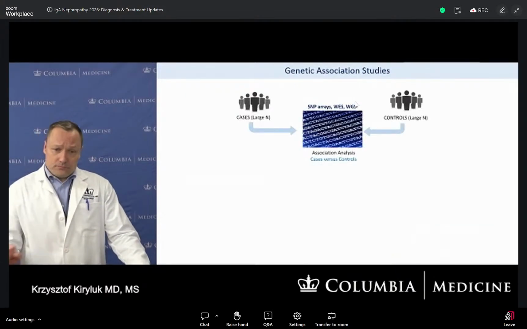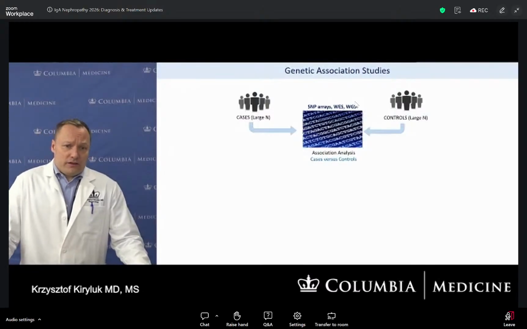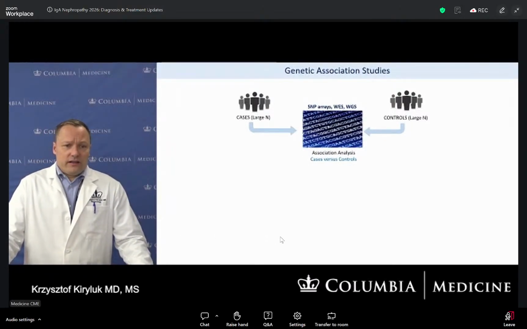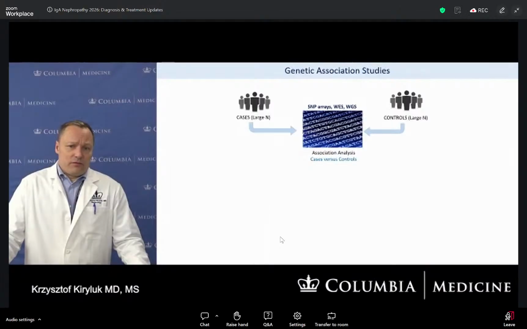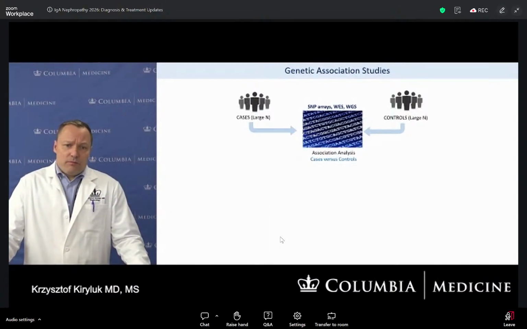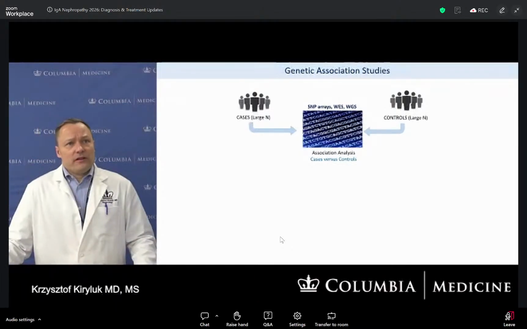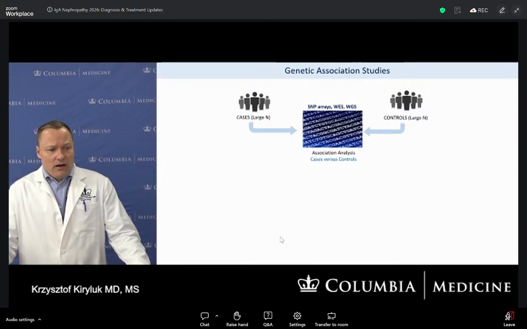So the approaches that we use for genetic discovery are typically based on the concept of genetic association studies. So in the setting of case control studies, where we take basically a large number of cases diagnosed by biopsy and a large number of ancestry matched controls, then we profile genetic variation across the genome using a variety of different methods. Initially, we were using SNP arrays, which were typing basically common genetic variants across the genome.